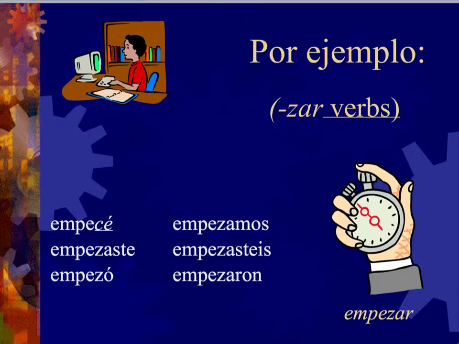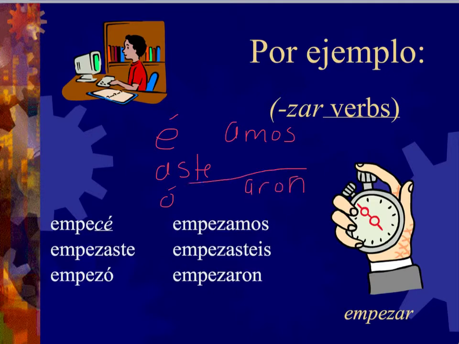You need to remember that car, zar, and gar have irregular yo forms. And you need to remember all of the new endings. So, é, aste, ó, amos, aron. Okay, that's pretty much a summary of the video. Adiós.